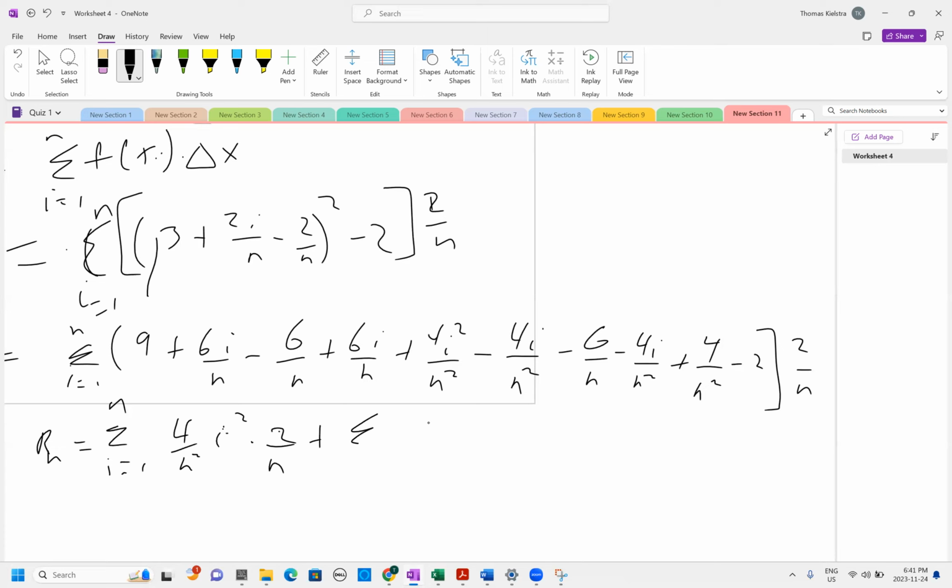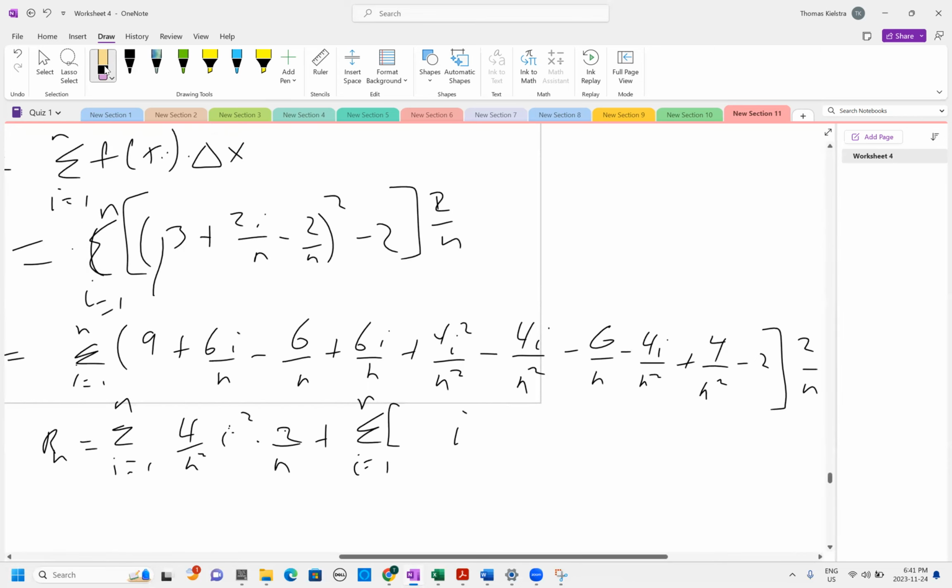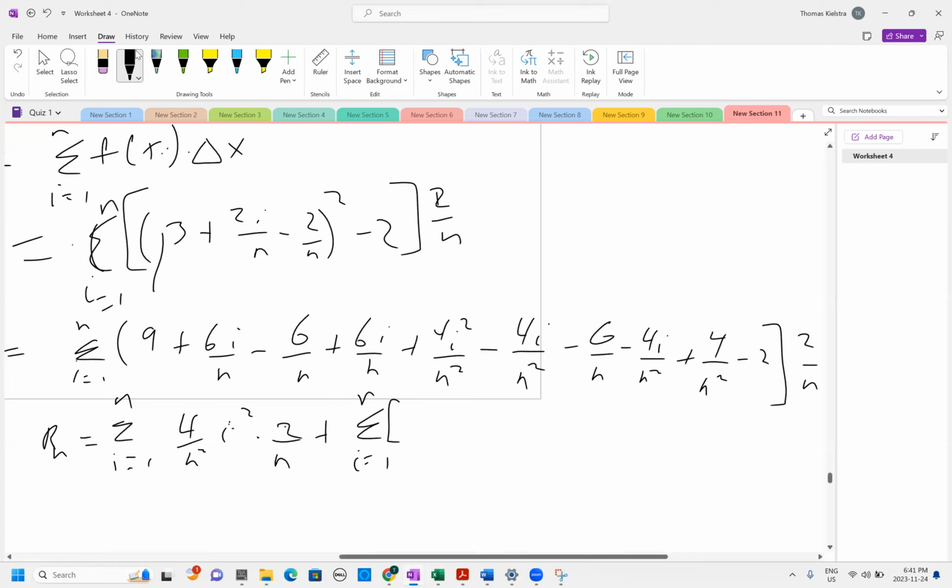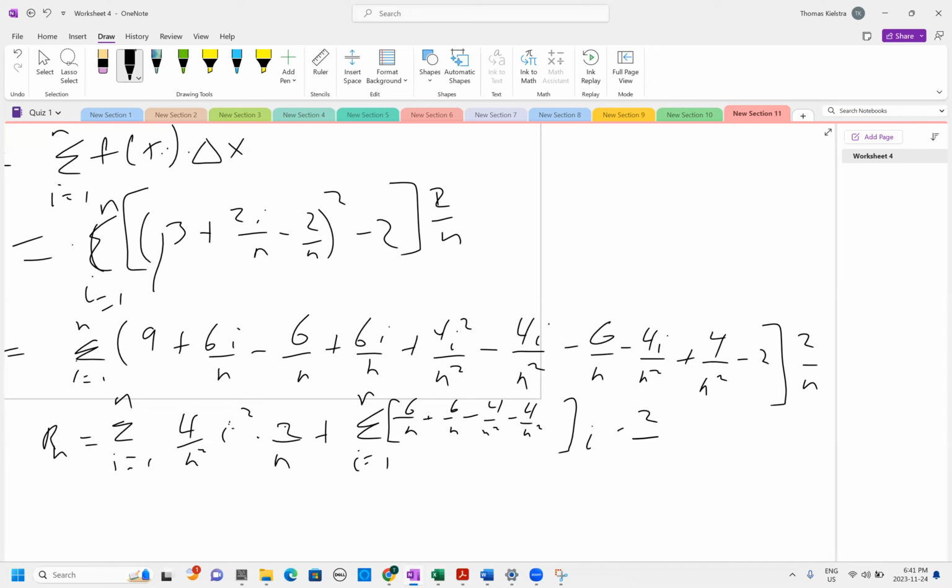Plus, now we have the sum of i equals 1 to n, and anything multiplied by i we're going to put in a bracket, moving this i further back, allowing us to collect all those things. What we're given is 6 over n plus 6 over n minus 4 over n squared minus 4 over n squared, all times 2 over n.